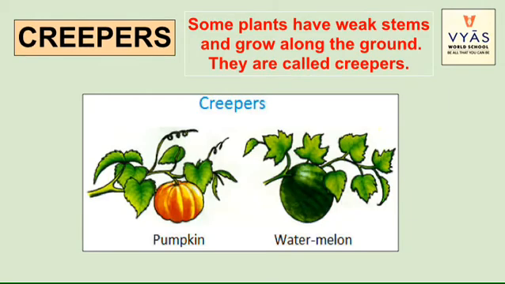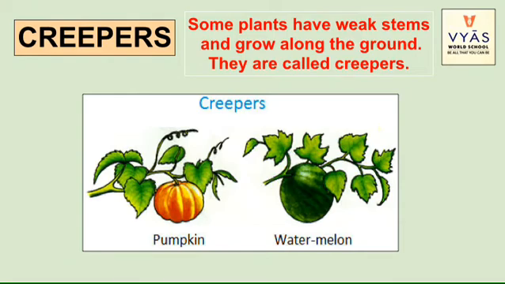Now we are going to study about the creepers. Some plants have weak stems and they grow along the ground. They are called creepers. Climbers also have weak stems but they need a support to stand. With the support they stand and they grow.